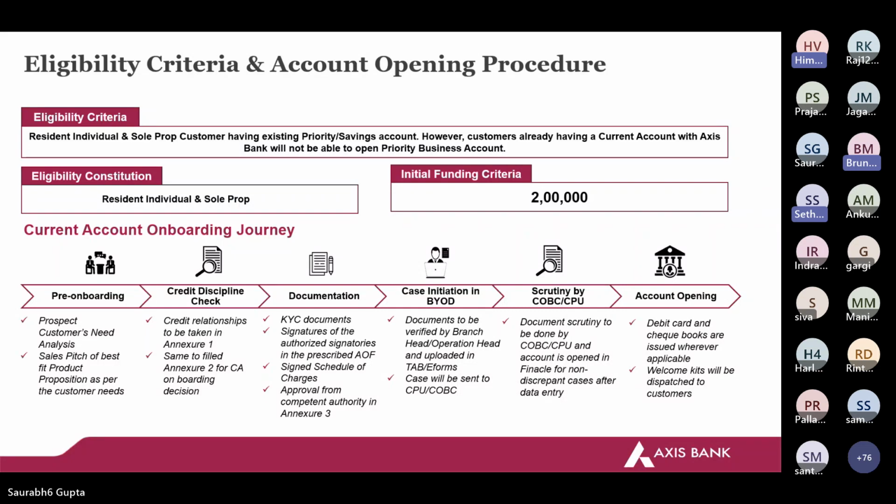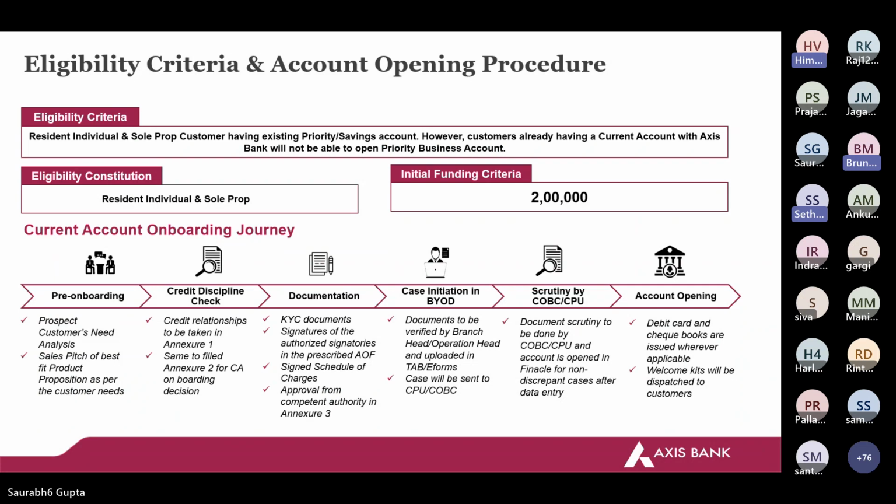So going forward, with respect to opening any priority current account. If a particular individual is already a savings priority relationship holder, and that individual is a proprietor of a sole proprietorship firm, or an authorized signatory or a BO of a higher constitution entity, then the CA PBG account or the priority current account can be opened for that entity.